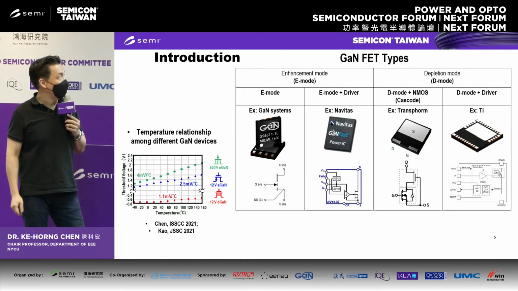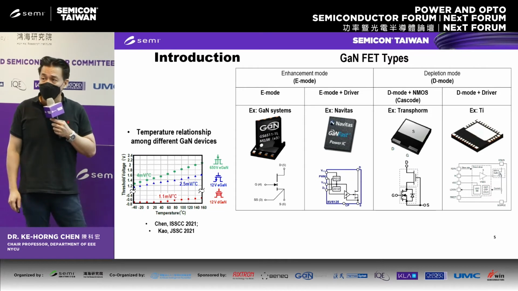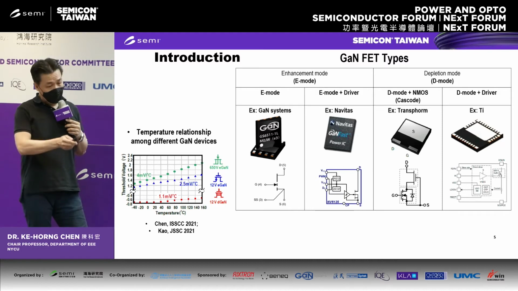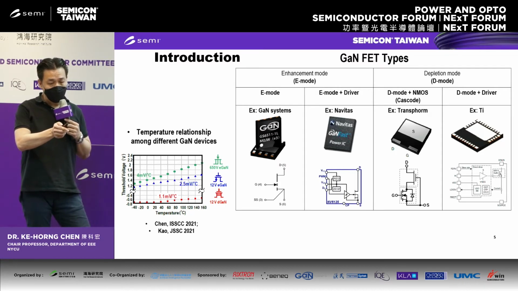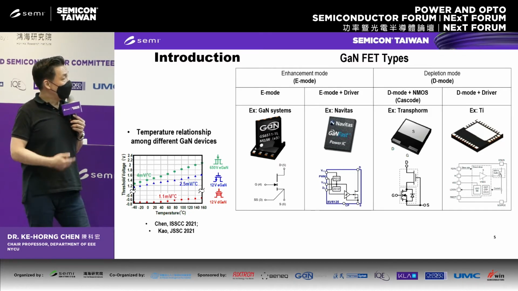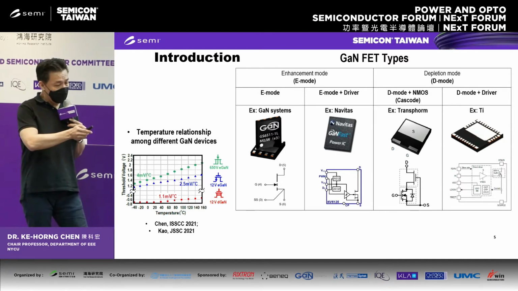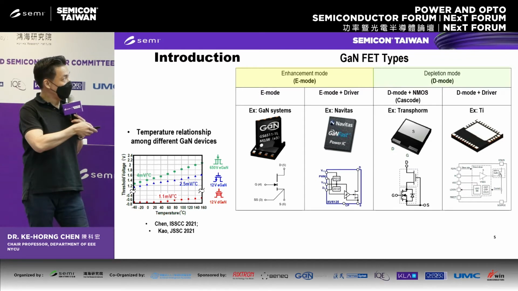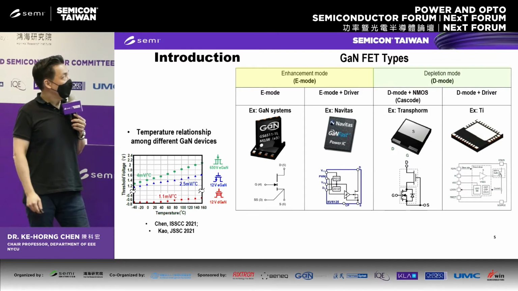In this slide, I will show you the available GaN chips in today's market. It includes two types of GaN. The first one is eGaN, and the second is the dGaN.